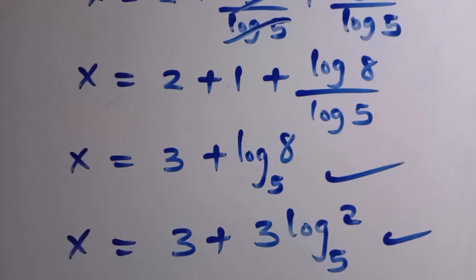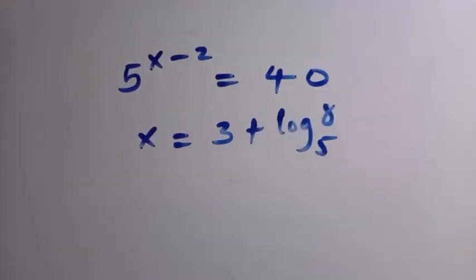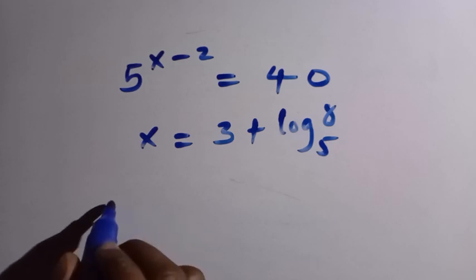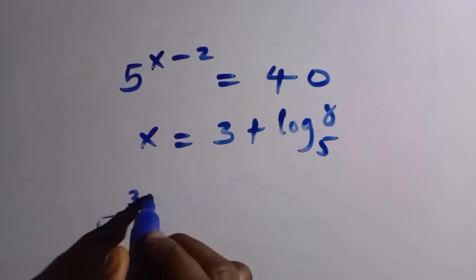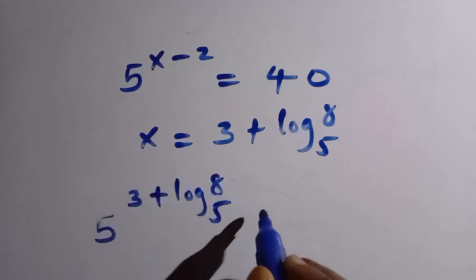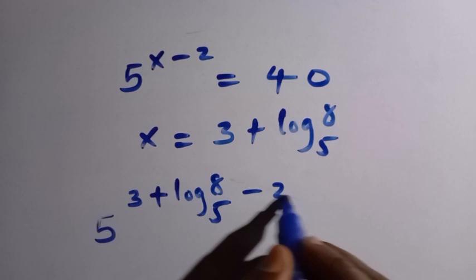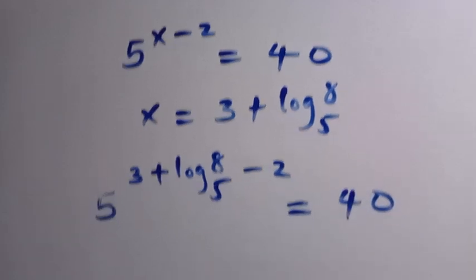And let's try and verify this answer we got in the given question. We are going to have 5 raised to the power of, so x is 3 plus log 8 base 5, then minus 2. We want to check if this equals 40.